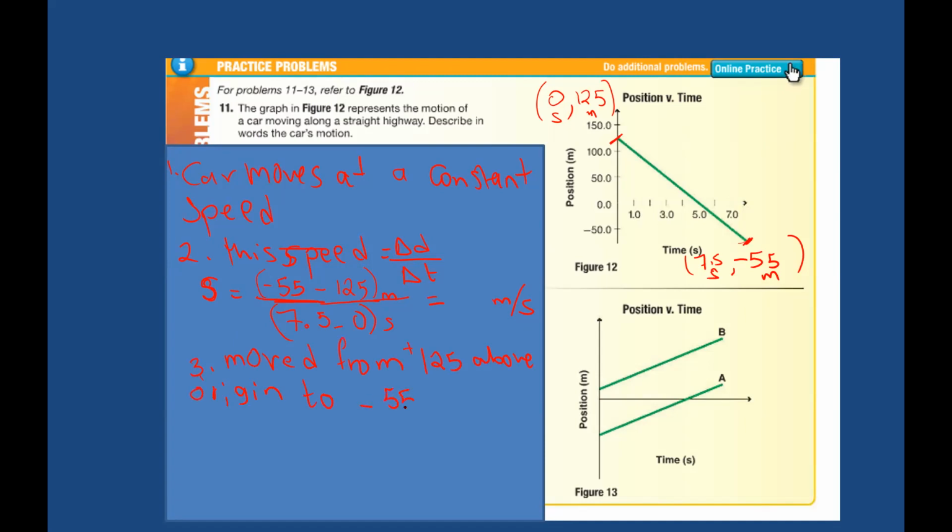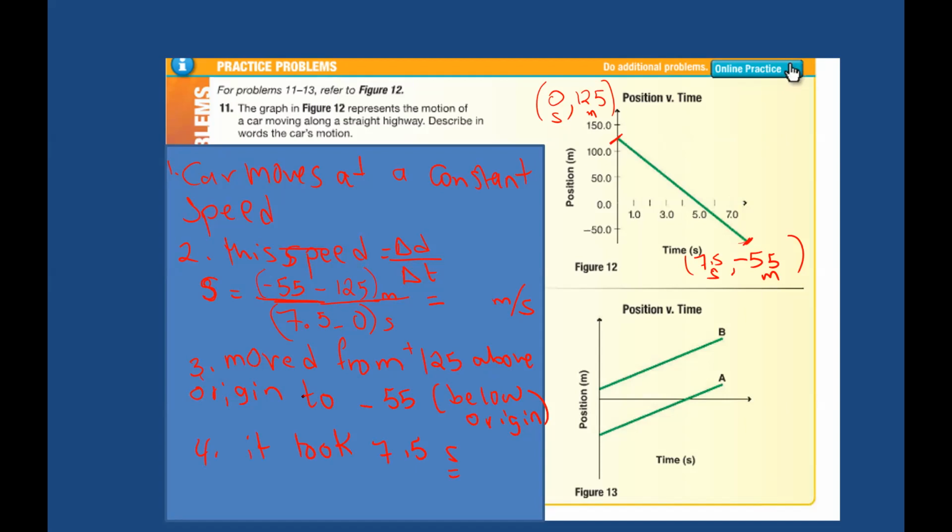Minus 55, which is below the origin. And number 4, it took how long? It took 7.5 seconds.